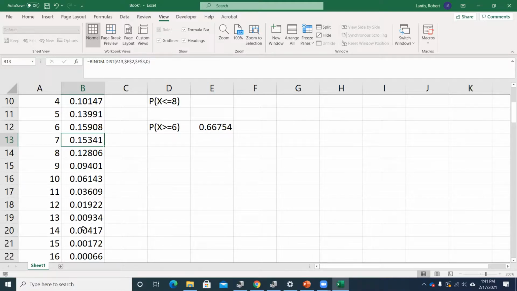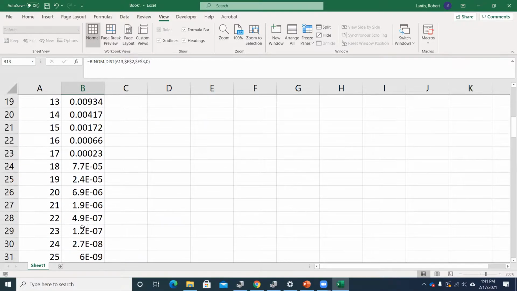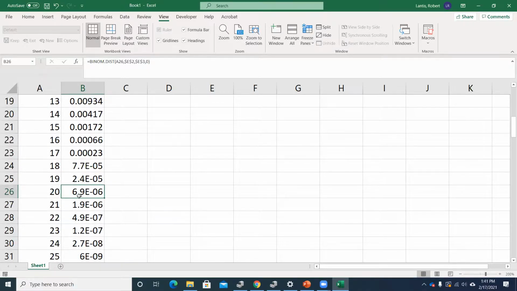But if you think about it, if only 6.7% of people are millionaires, by the time I get to, well, what's the probability I see 20 out of 100 be millionaires? Well, if on average it's 6.7, and you're really asking what's the probability 20% of these 100 people are millionaires, it's going to be pretty low. In fact, e to the negative 6, remember, means move that decimal point 6 places to the left.